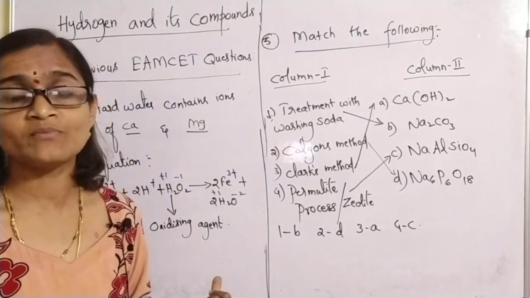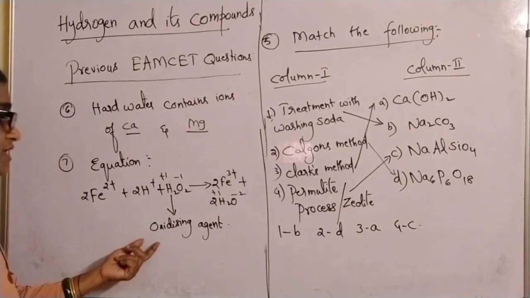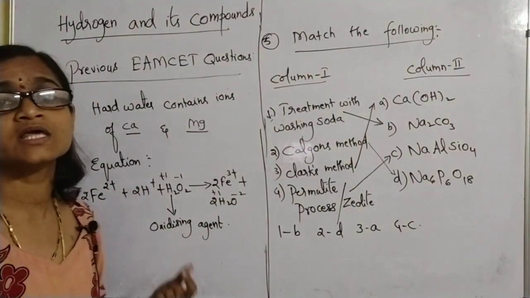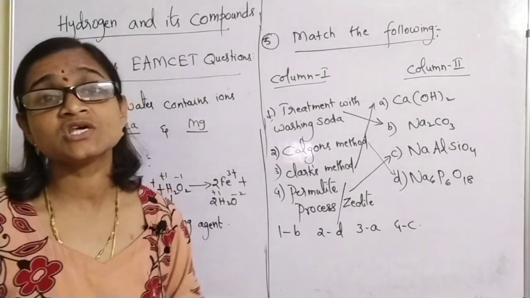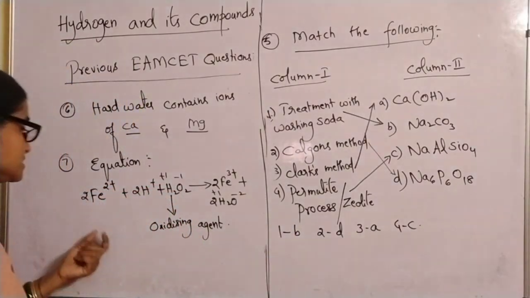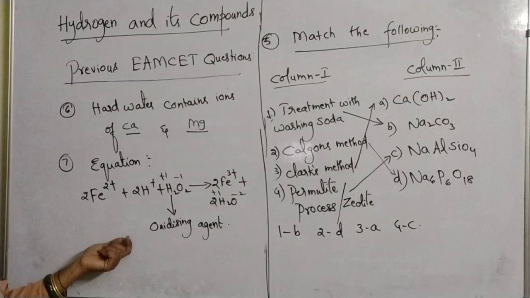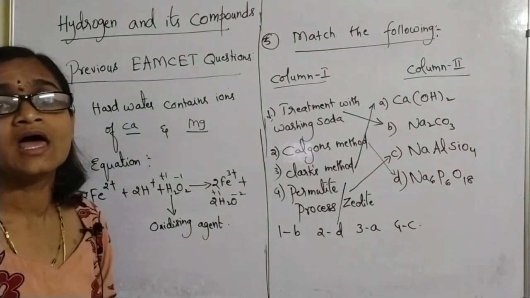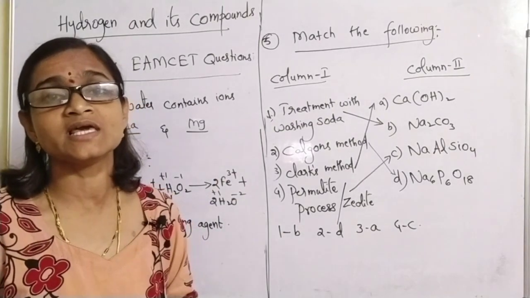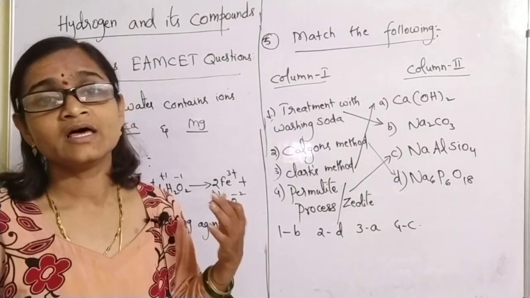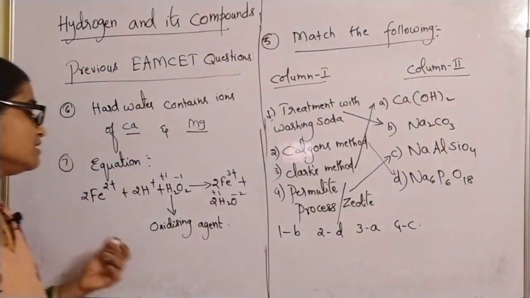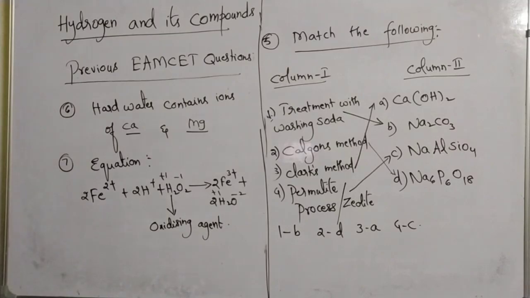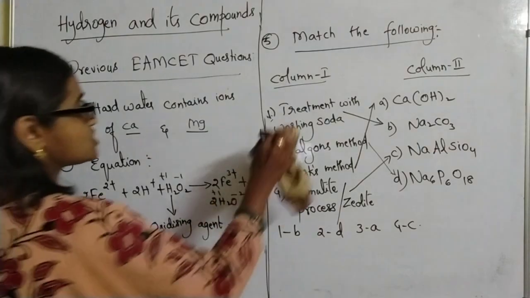If they give options like that, you have to check with the oxidation numbers. So please go through such equations where hydrogen peroxide acts either as an oxidizing agent or as a reducing agent. Check with the given equations. And next we will go for the next question.